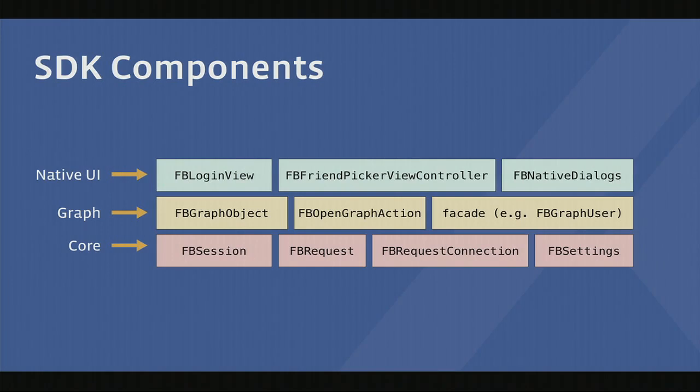So we make it really easy to load those things asynchronously in the background and cache those images, and make sure that if you reload the same one, we don't hit the network again unless we have to, and so on. And then at the end of this is this FB Native Dialogues class. And the only thing we have there right now, I think, is the iOS 6 native share sheet.